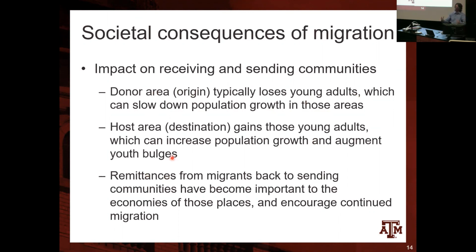And areas that receive a lot of migrants, usually more in labor ages, even if they are internal migrants, can send money back into the areas of origin, which are called remittances, and remittances have an impact on the areas of origin as well. So migrants have an effect on the area of destination, but also on areas of origin.